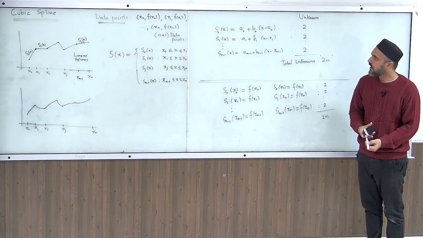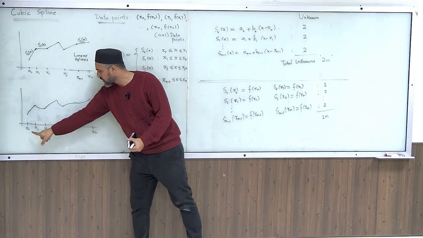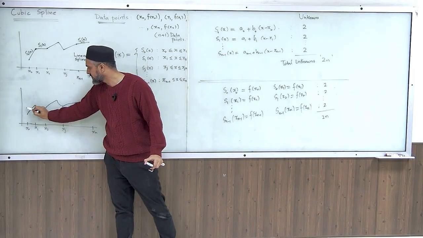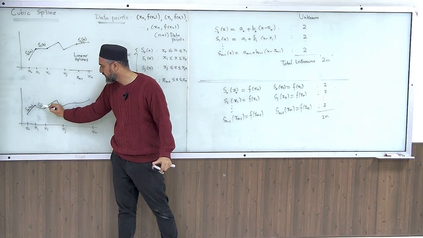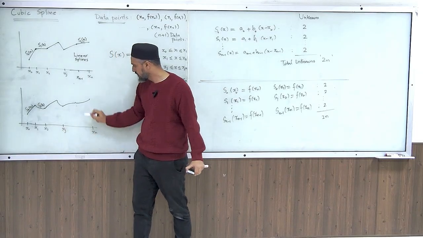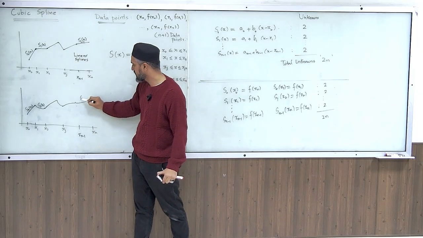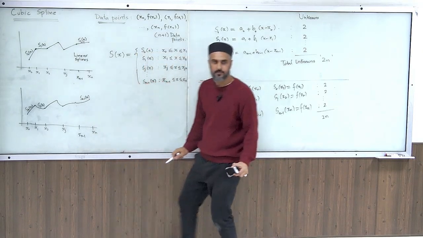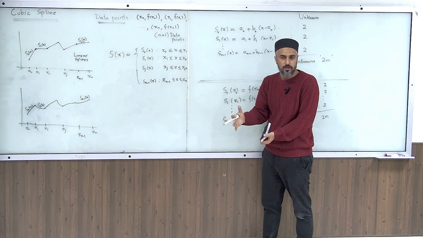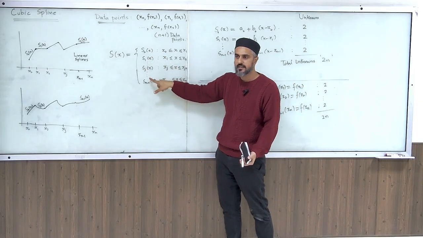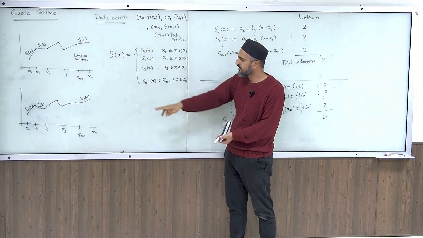From x0 to x1 we have S0 of x, from x1 to x2 we have S1 of x, and similarly from x(n-1) to xn we have S(n-1) of x. So my function will be like this. That is not going to change, but what is going to change is these S0, S1 and Sj's, because now I am using quadratic degree splines.